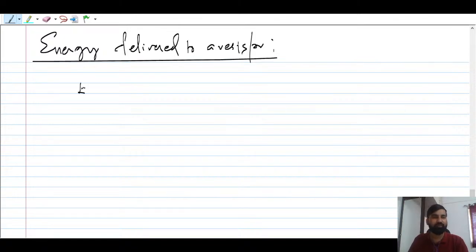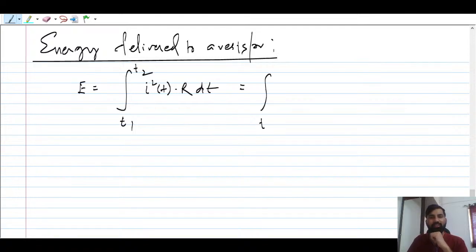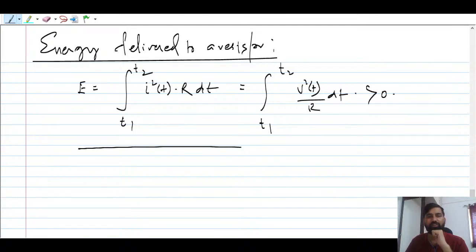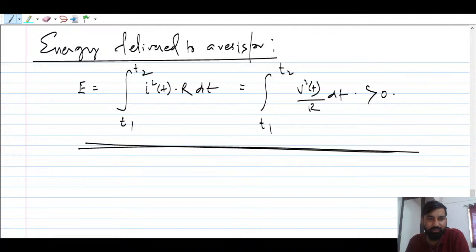So it is nothing but E from T1 to T2 of i squared(t) times R dt, or you can also find it as the integral from T1 to T2 of v squared(t) by R dt. So simply you have to integrate the power p(t) with respect to time, and this should be greater than 0. Energy should always be greater than 0 here.